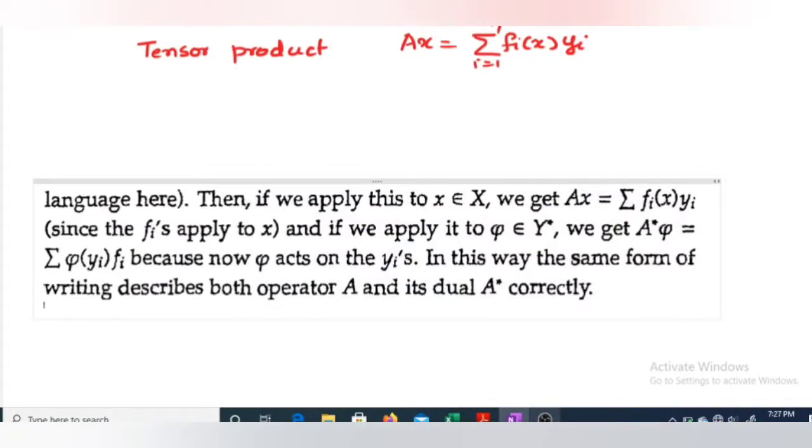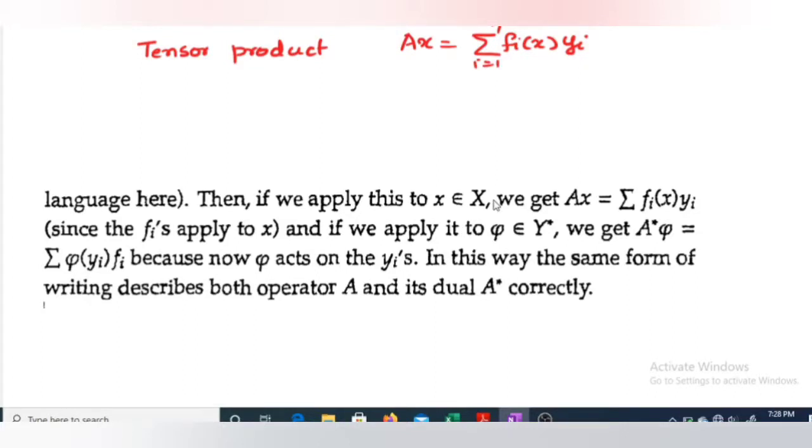So if we apply x belongs to X, we get Ax equal to phi_i of x y_i. Here phi_i applies to x. And if we apply phi belongs to Y star, we get A star phi equal to phi of y_i phi_i, because now phi acts on y_i. In this way, the same form of writing describes both operator A and A star.